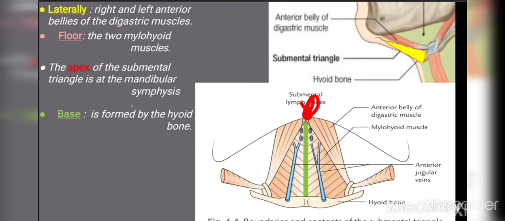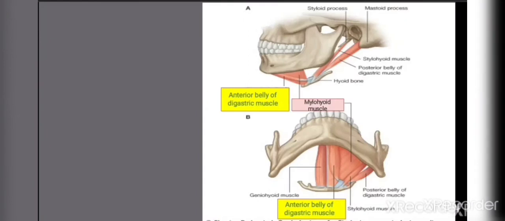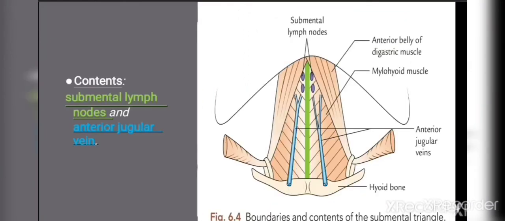This is the apex, and then the base is formed by the hyoid bone. Then the floor is formed by the mylohyoid muscles, as we can see in the diagram. So this is the mylohyoid muscle which is forming the floor of the submental triangle.